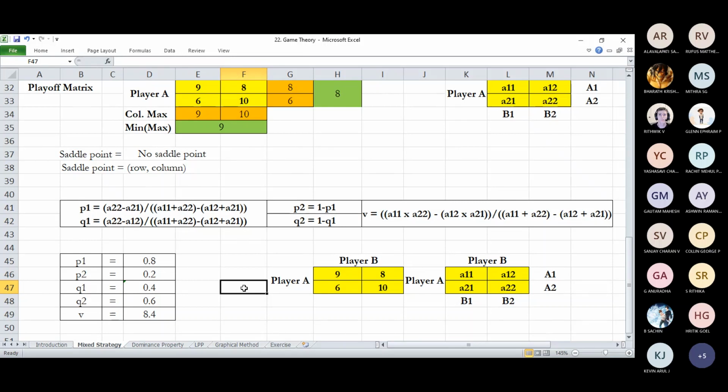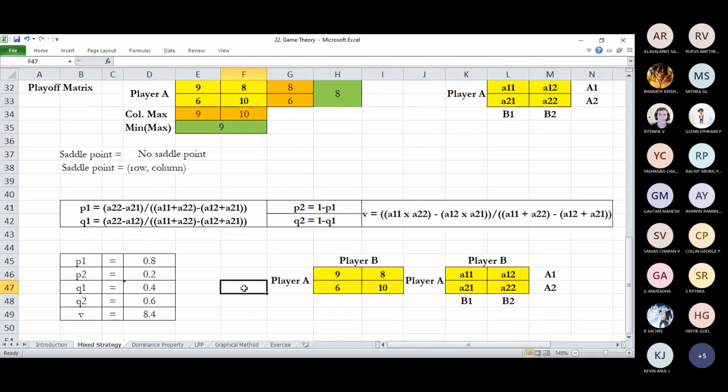So sometimes you can buy books, or sometimes you can buy DVDs or something like that, but you can buy only one. Or a simple example is in CPM, we talked about different buses you could board, but the problem is you can board only one bus, right? So that decision is what is valid. The other options are invalid, right? Something like that. So those things are called dominance property.